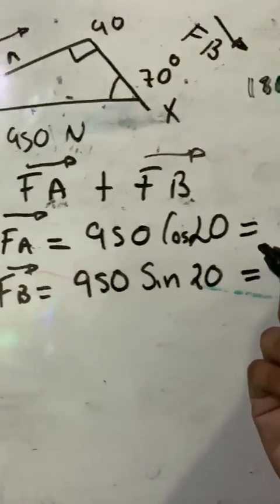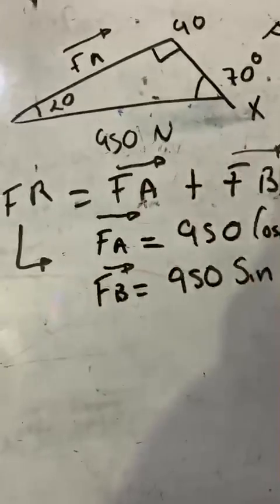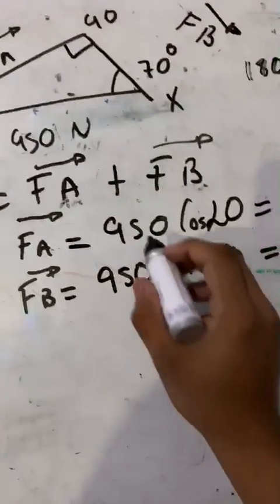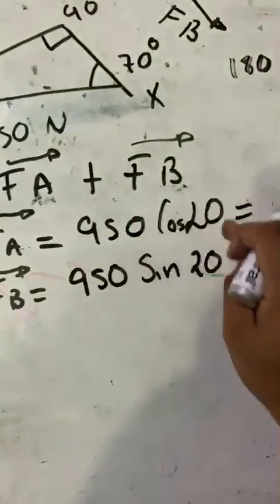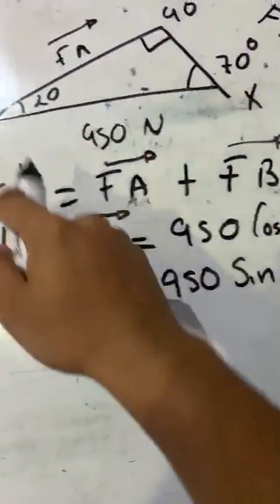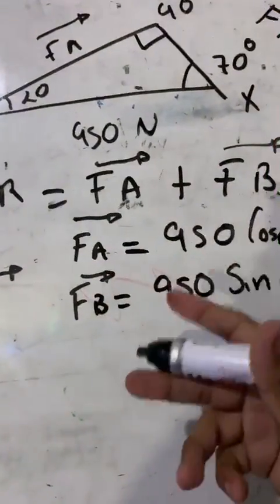In a normal problem, if we don't have the resultant force, we do these sums and summing all these forces we get the resultant force. But here we're going to do the opposite way.